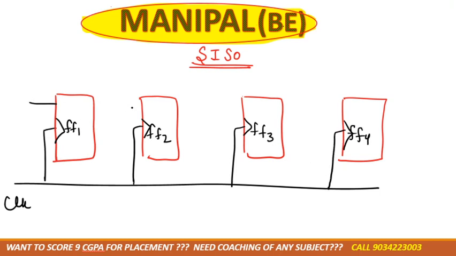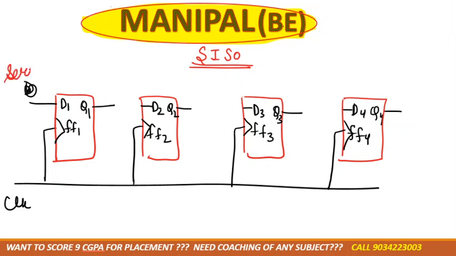Now in this we'll have D1 for data, Q1 for output, D2, Q2, right? D3, Q3, D4, Q4. Correct?